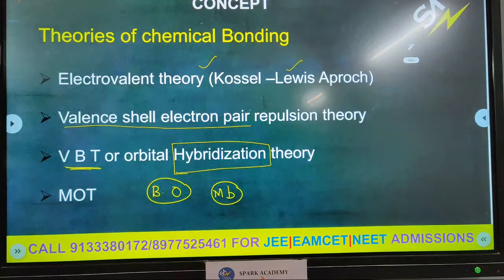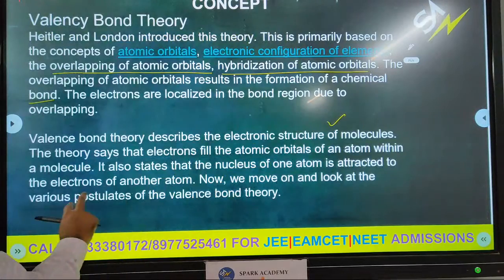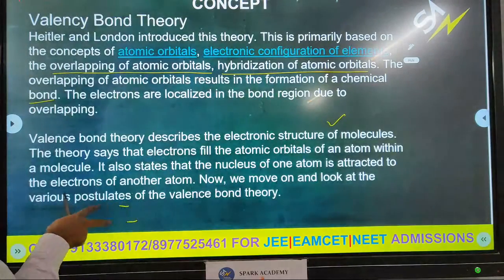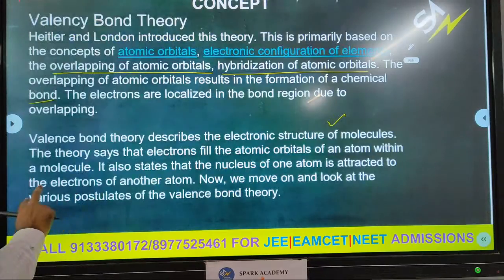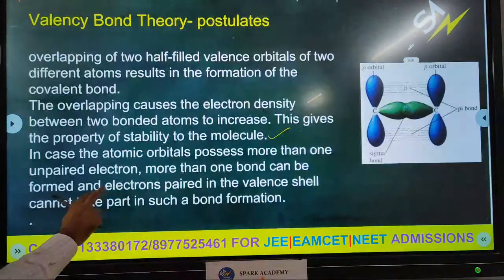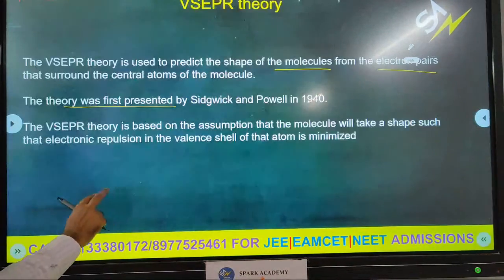So we have now completed the theories of chemical bonding, which explain very well the geometry, hybridization, bond order, and magnetic behavior of covalent molecules.